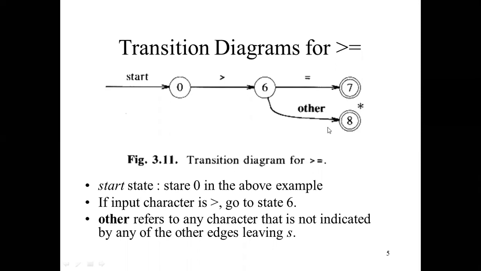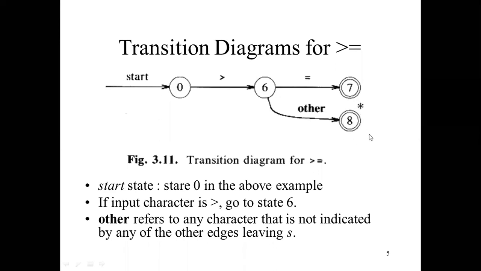It is necessary to write other, and the asterisk shows that retraction takes place, meaning you can return again from this state. Whatever you are thinking to get, another expression or other token, then you can return from this side. So this is called the retraction state.